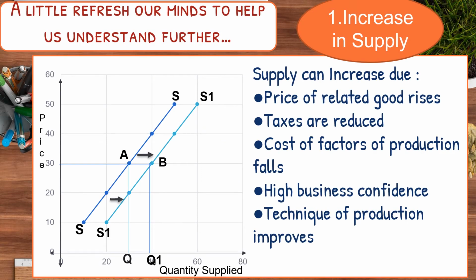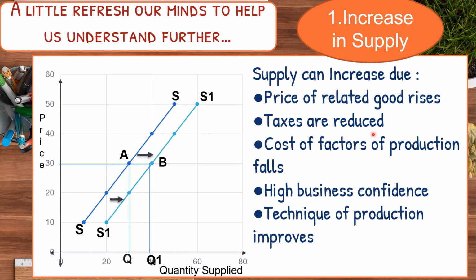Before we begin the second part, that is, we are trying to study the changes in equilibrium price due to changes in supply, demand remaining constant, I think it is right for us to refresh our minds about the shifts in supply. So we have the increase in supply, which is a forward shift in supply, and that can come about when the price of related goods rises. So if the related goods price rises, then the supply of this good will increase.